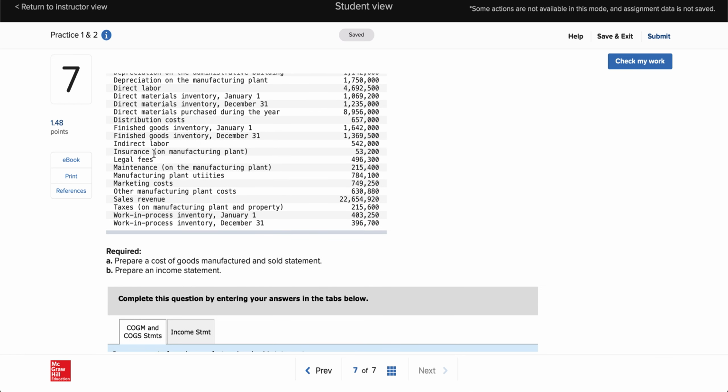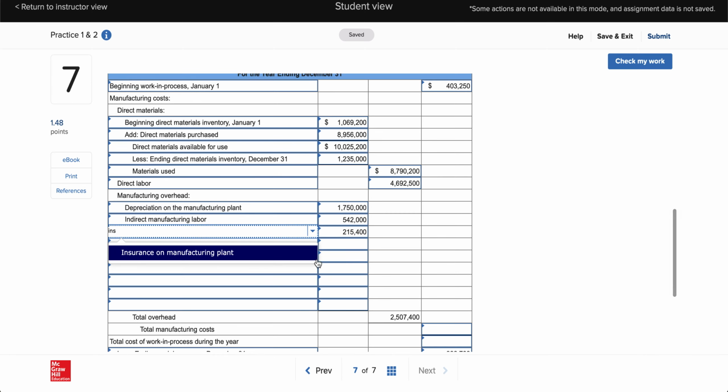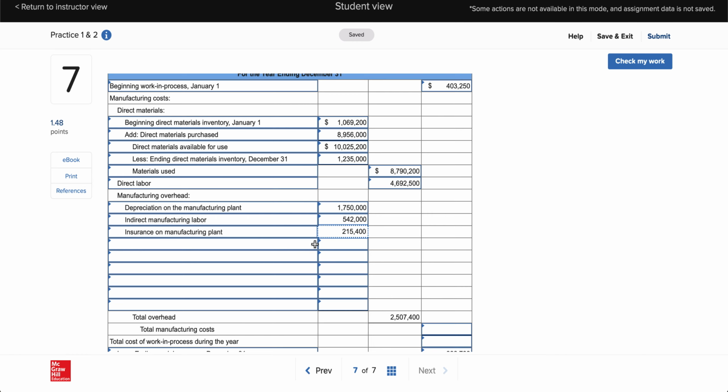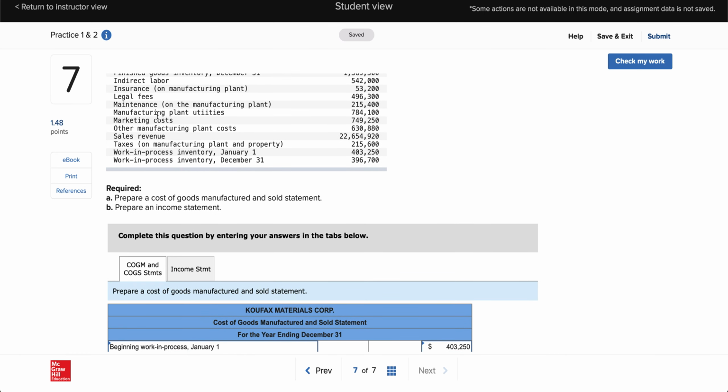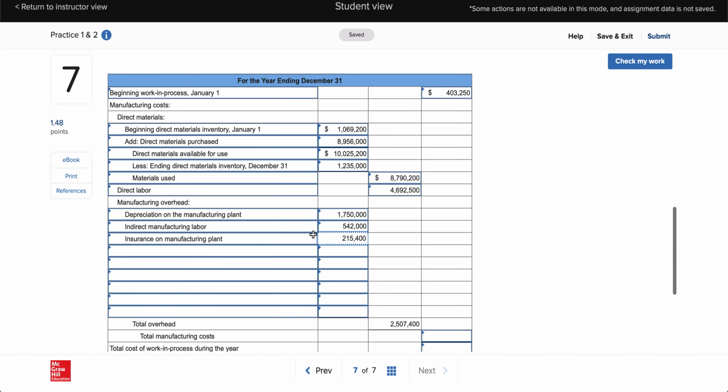What's next? Insurance on the manufacturing plant. And it needs to be anything related to the plant. Then it's got to go here. So $215,400. And that's for insurance. Next item, legal fees. It doesn't say that it's related to the plant, so no. Maintenance on the plant, $215,400.